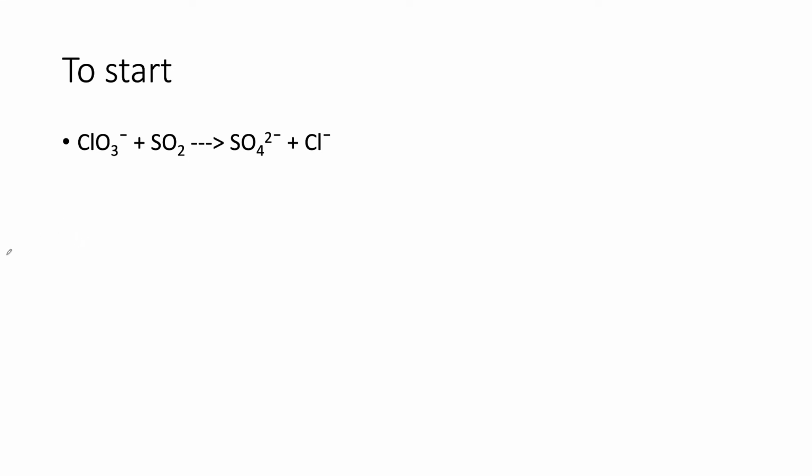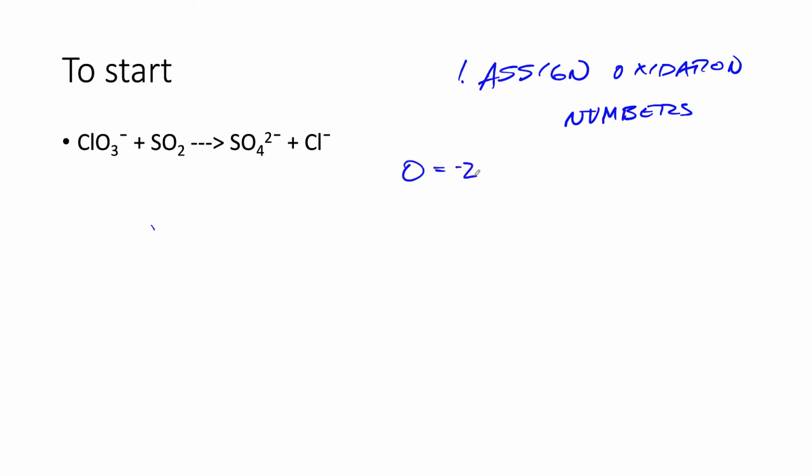So to start, step 1, assign oxidation numbers. The easiest one: all these oxygens are bound to a different element, not to itself, so oxygen is going to be -2.